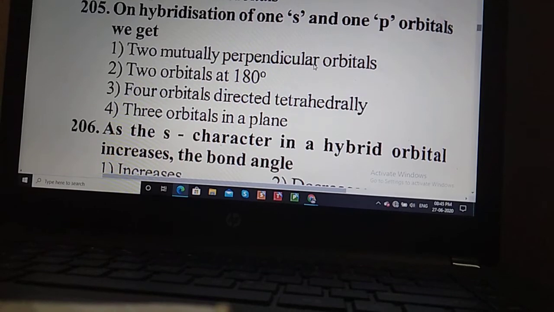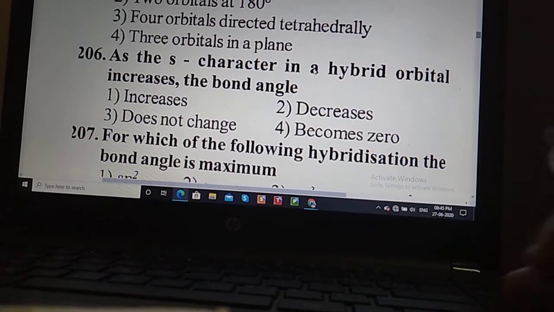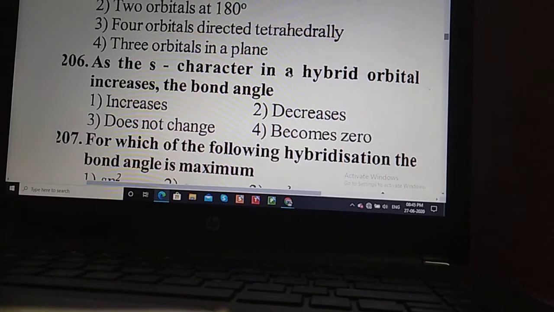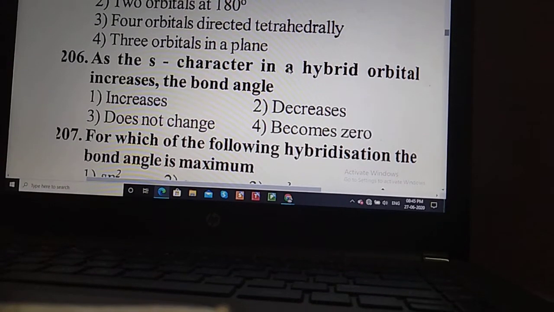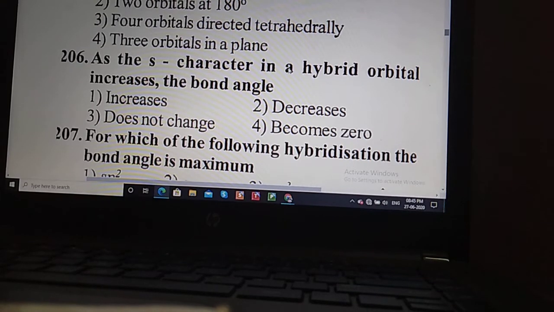Now let us move to the next question, 206, student. What are they saying in question 206? As the s character in a hybrid orbital increases, the bond angle, student, increases or decreases? They are saying s character increases.